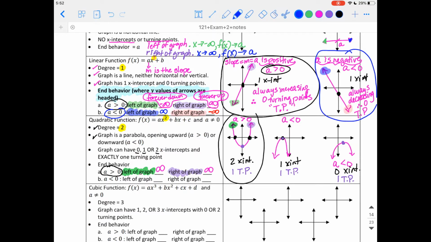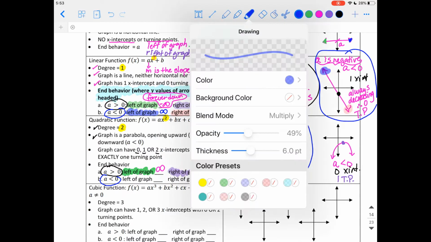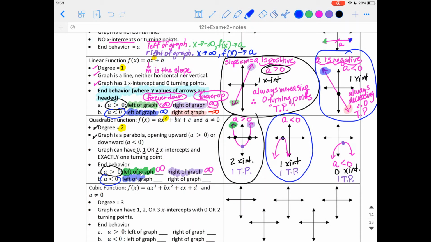Now for an a less than 0 type of parabola, I can look at either one of the two that are left. I'll just do this one. But you'll notice that the end behavior is the same. So for the left of the graph, it's going to be this arrow here, or this one too.